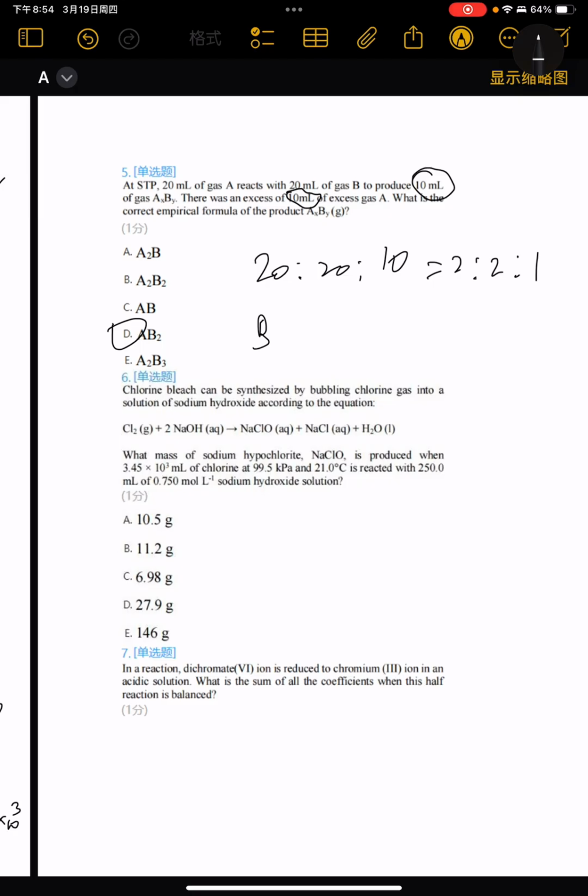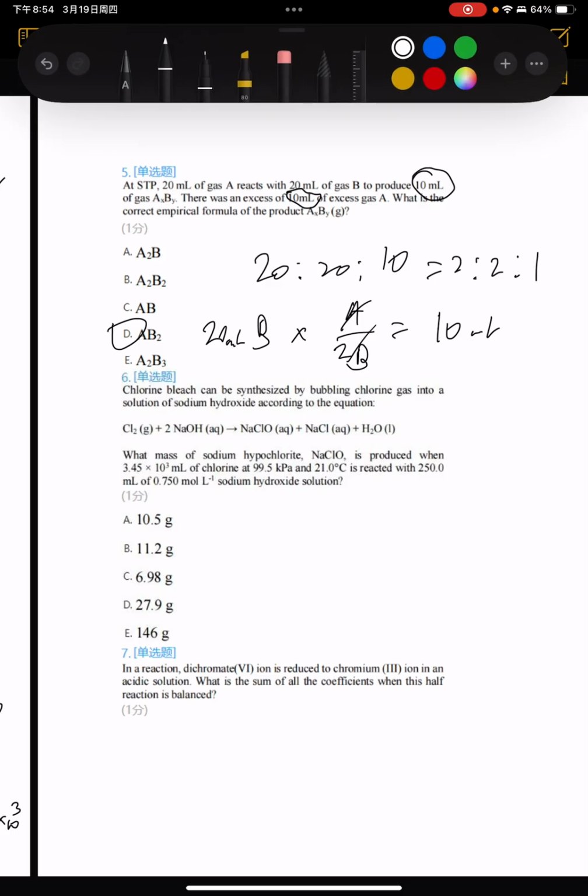So basically there's 20 for B, 20 mL times 2B over A, you can cross out these things so you can see that there's only 10 mL left. Okay, so then that would be D. After you see the ratio like that, it's definitely like that.